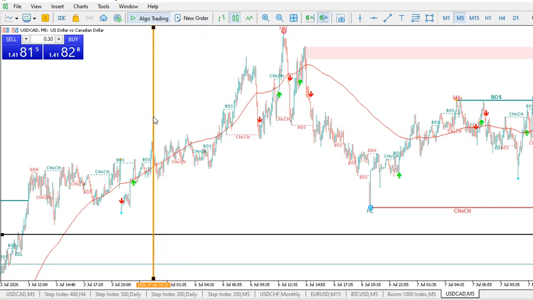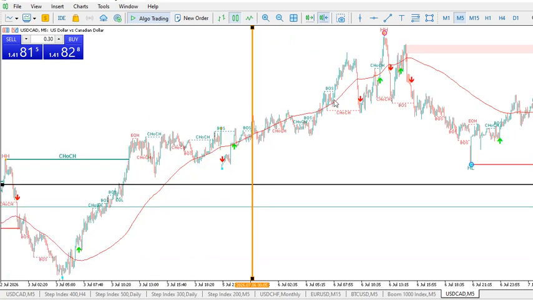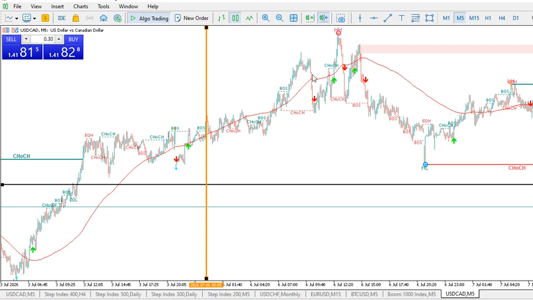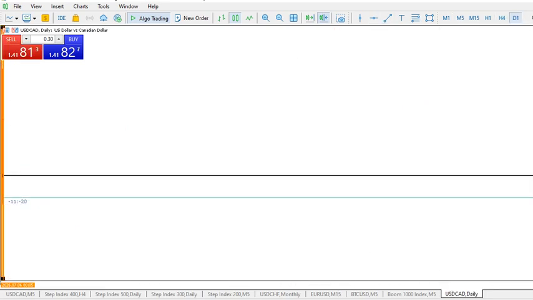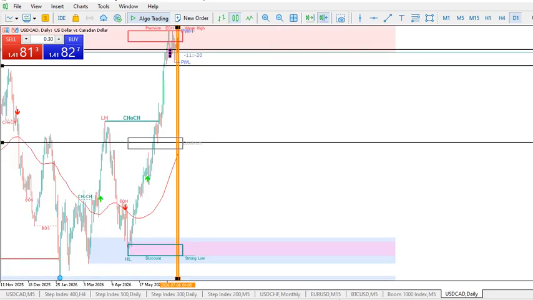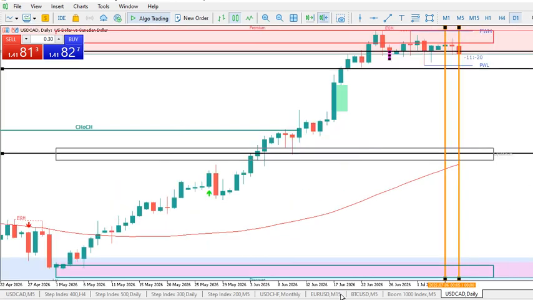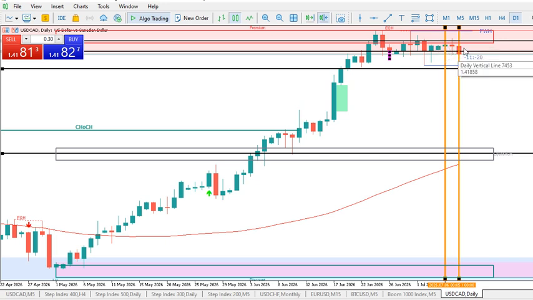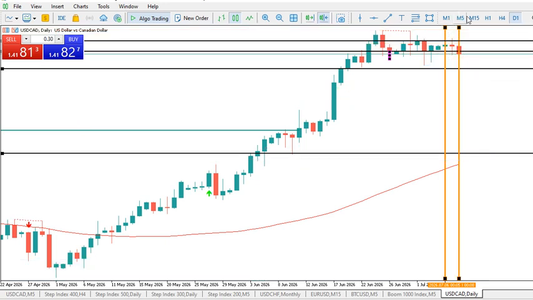Okay, this is it. Price came up. Let me just go back and mark those levels again. This is the level. There you go. That's it.